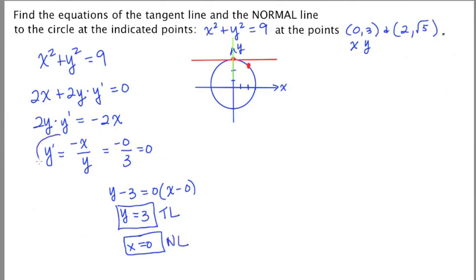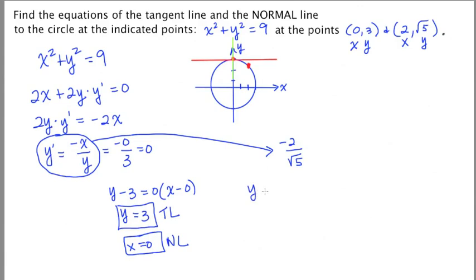Now we've got to take this derivative and do the process again for the other point. So I'm going to make some room over here. Now the other point is going to be when x is 2 and y is root 5. So we get negative 2 over root 5. So our equation is going to be y minus root 5 is equal to negative 2 over root 5 times x minus 2.